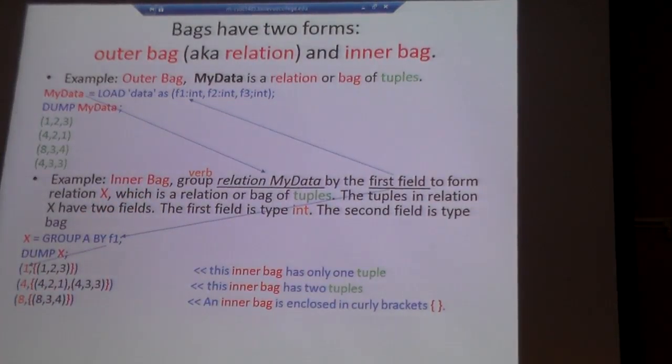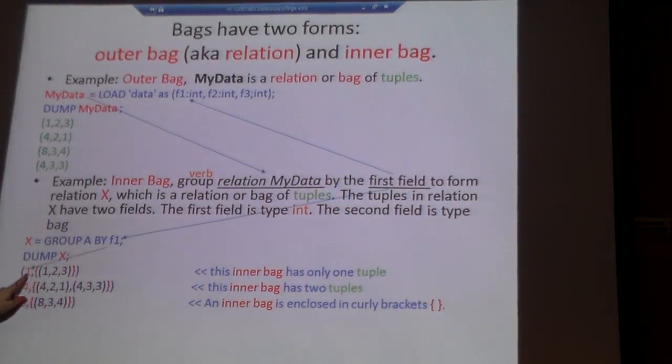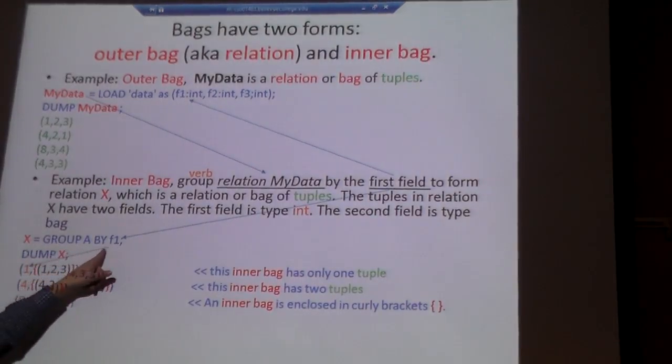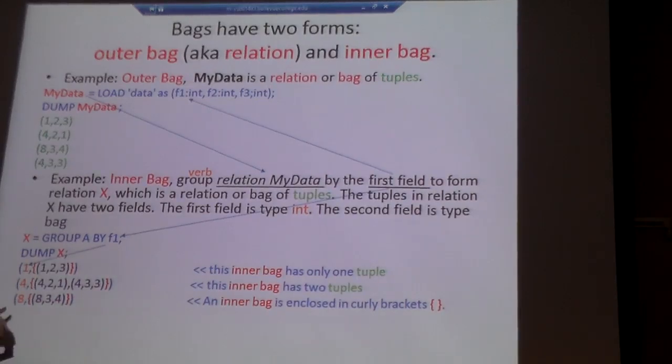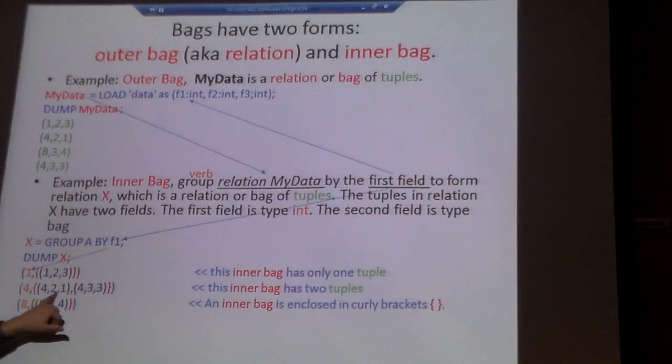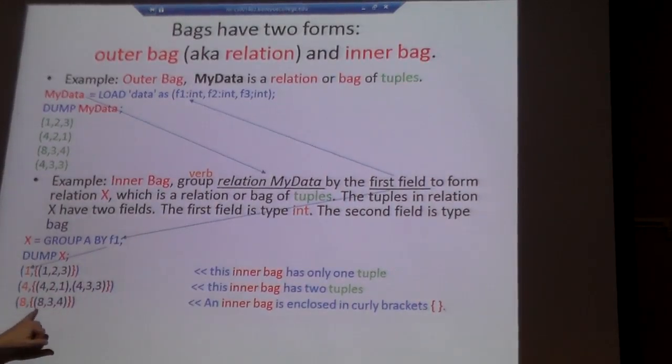So we're saying group it by the first field. So it takes the first field 1 and puts it there, takes the 4 and puts it there, takes the 8 and puts it there. And then it says group by, well, all the ones that start with a 1 are here. All the ones that start with a 4 are here, and all the ones that start with an 8 are there.